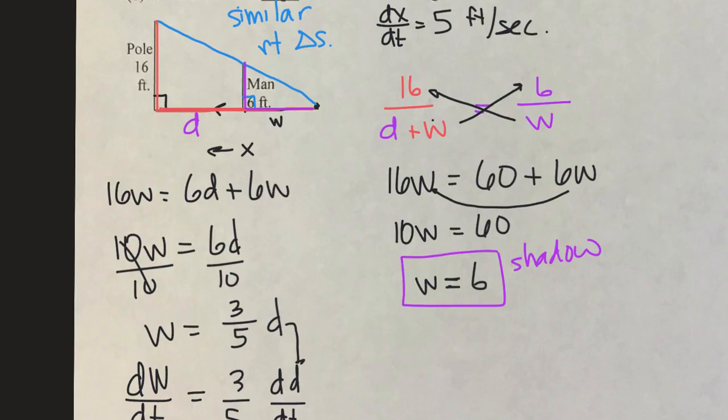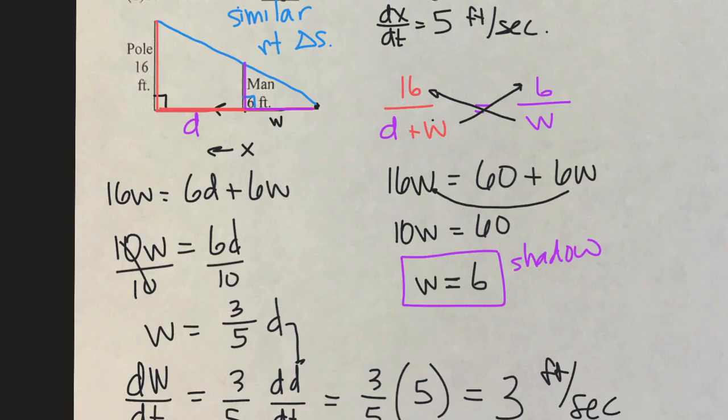Your variable is here, the derivative of distance with respect to time. And our problem said this was 5 feet per second. So we're going to plug in 5. I called it dx/dt up there, but this is dD/dt, the distance you are away from the pole. So 3/5 times 5 is 3 feet per second. So when he's 10 feet away, the shadow is changing at a rate of 3 feet per second.